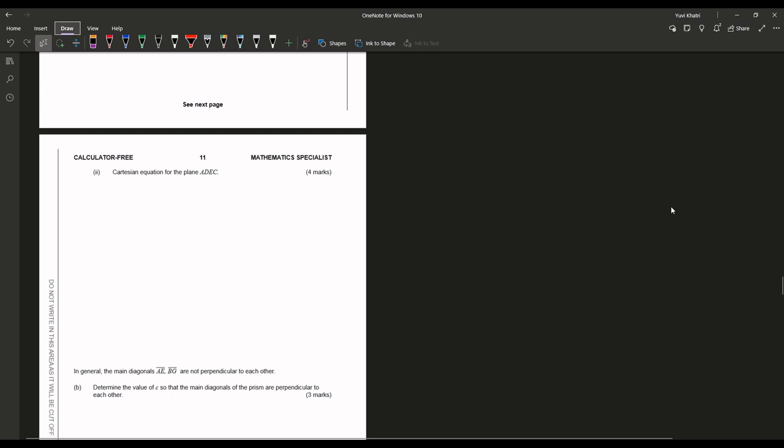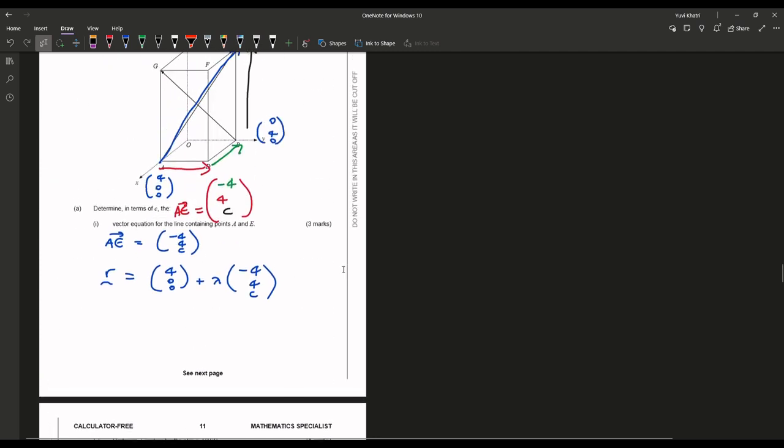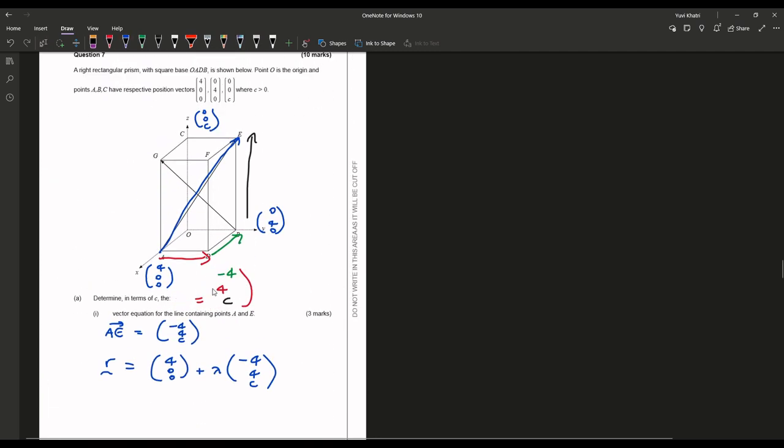Now part 2 wants a Cartesian equation for the plane ADEC. Plane ADEC will be this plane right here, and it wants the Cartesian equation of that plane.